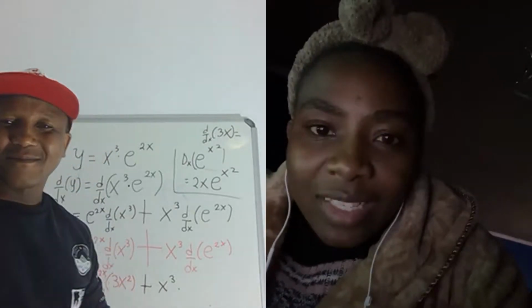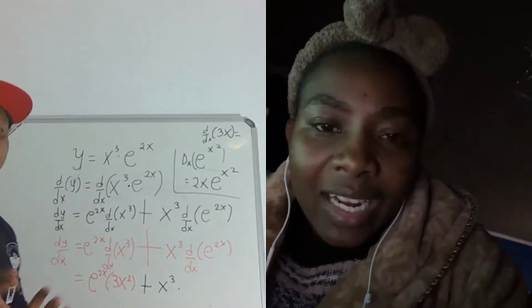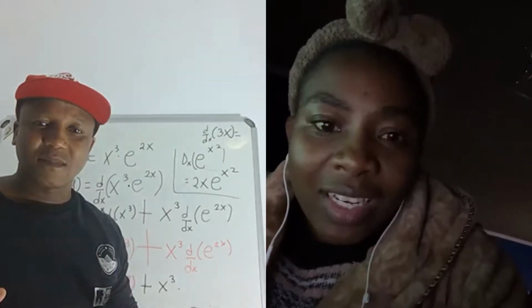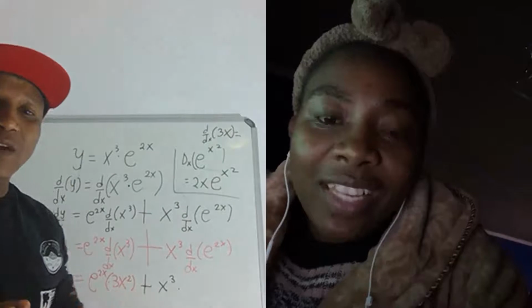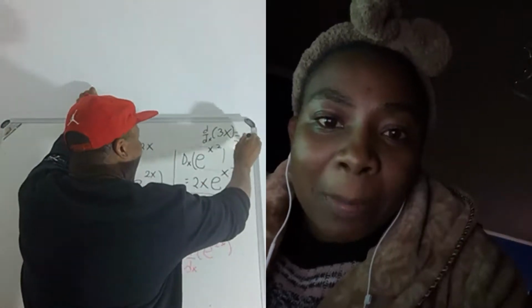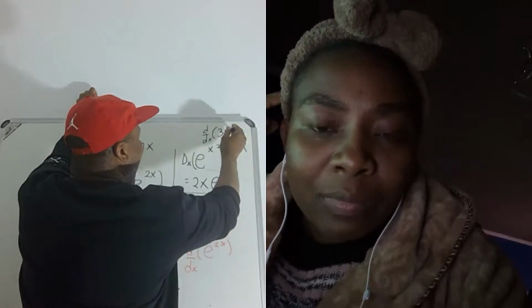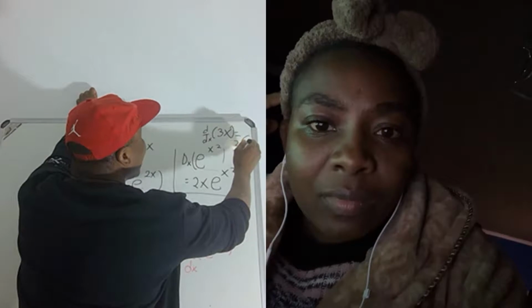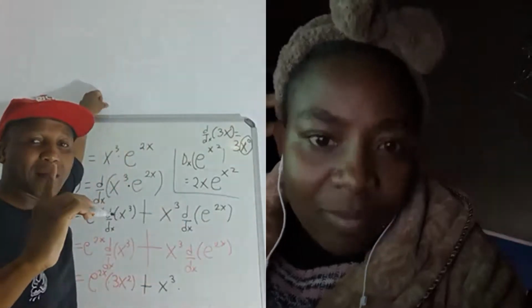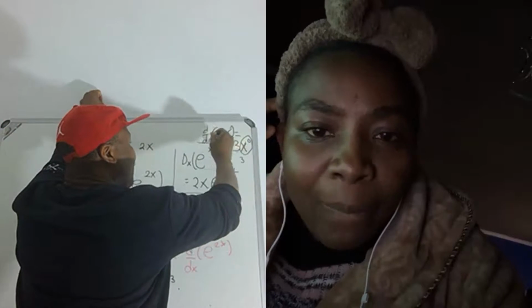Because here there's an x to the power 1, and 1 times 3 is 3. Then x to the power 1 minus 1 equals x to the power 0, which is 1. So 3 times 1 equals 3.